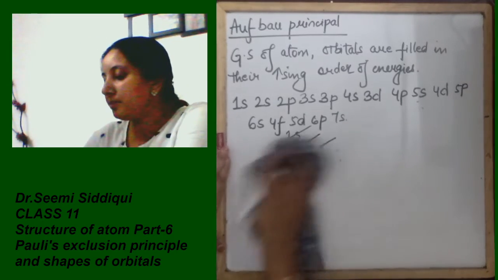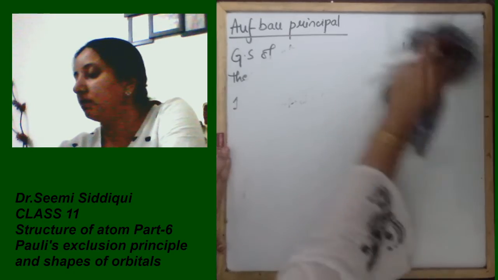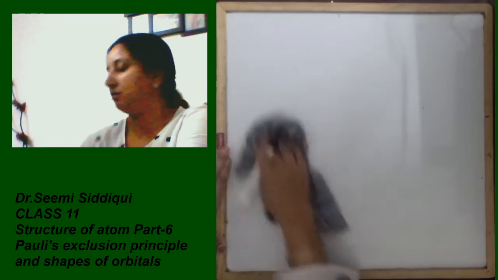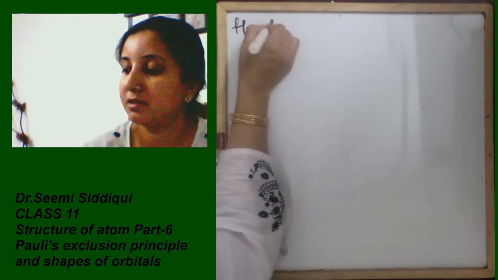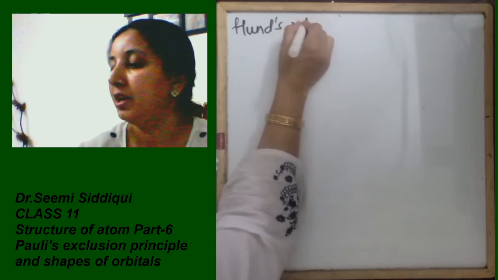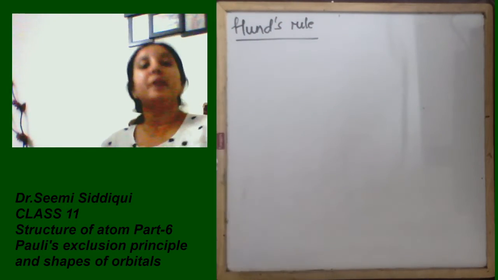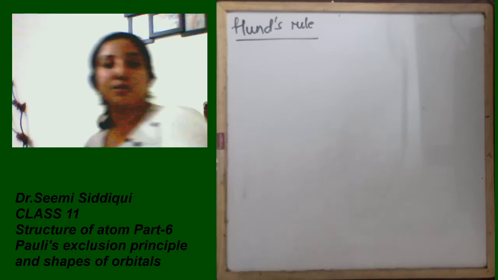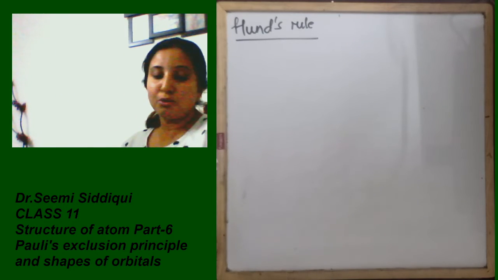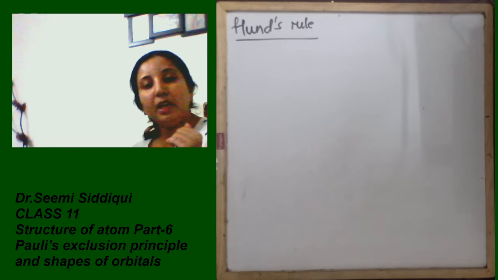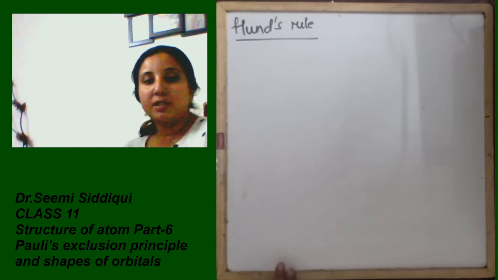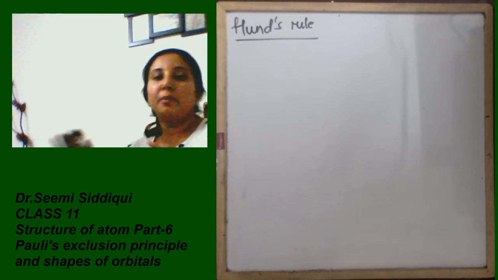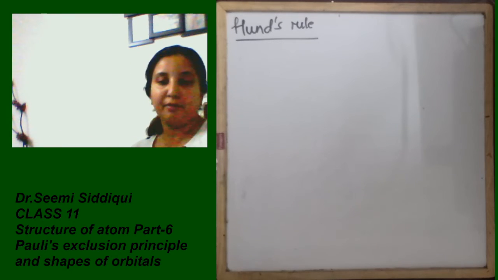The next principle comes, your Hund's rule. ये जो we are doing, this is the basics of your chemistry. ओके, Hund's रूल क्या कहता है कि इलेक्ट्रॉन पेयरिंग नहीं होगी until and unless each orbital is going to fill first.